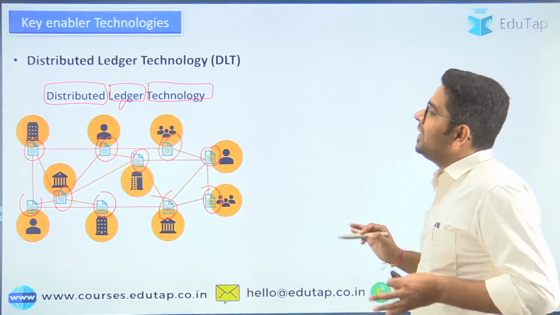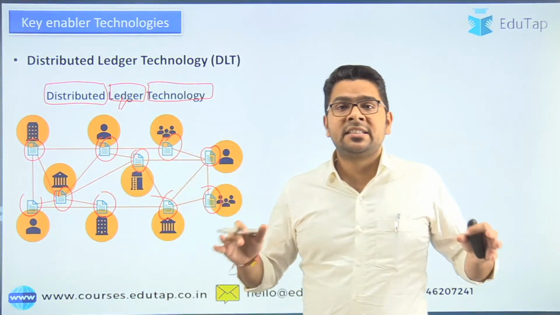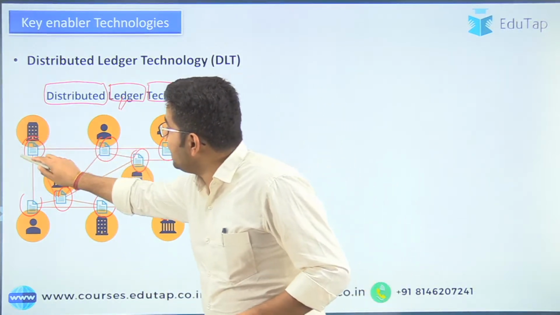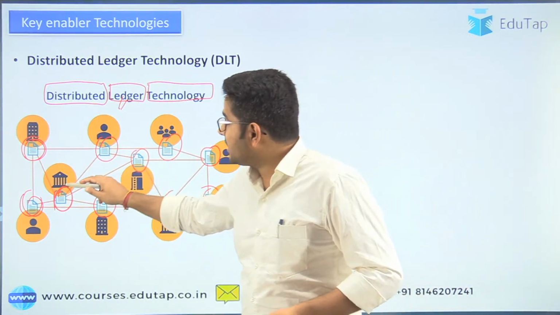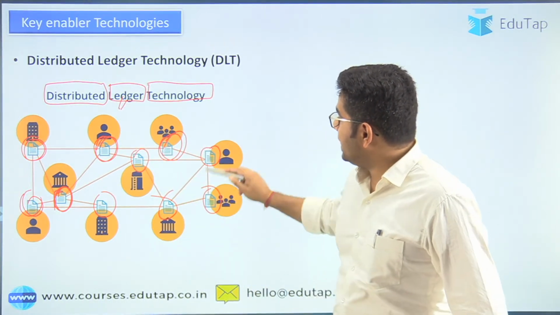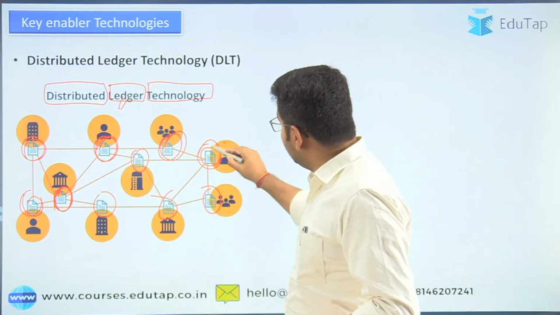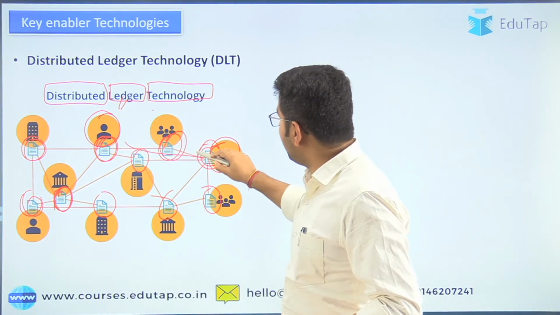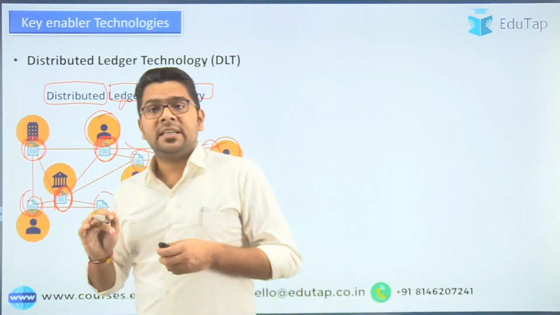So in distributed ledger technology, that recording of the transaction is distributed to different areas, different people, different individuals. Anyone can record the transaction, but when the transaction is recorded, it is automatically updated in everyone's document as well. So there is no one who can cheat. Suppose if this person wants to cheat, the others will know that there is some problem with the ledger. So this is what distributed ledger technology is all about.